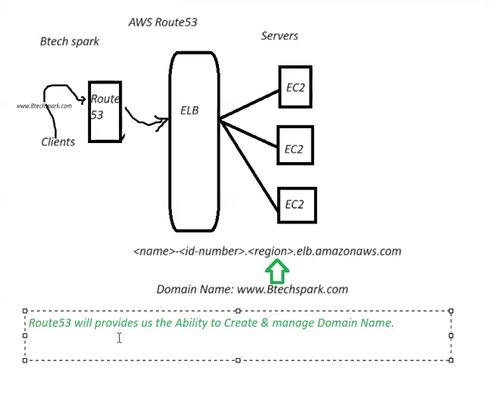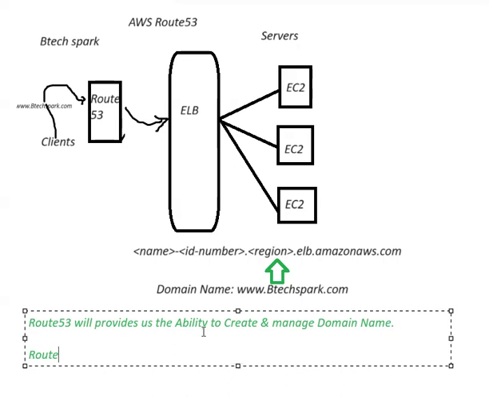So can we say Route 53 is a DNS service? Yes. Route 53 is a DNS service. By using this DNS service, we are able to create and manage our domain names, right? So who is providing this?